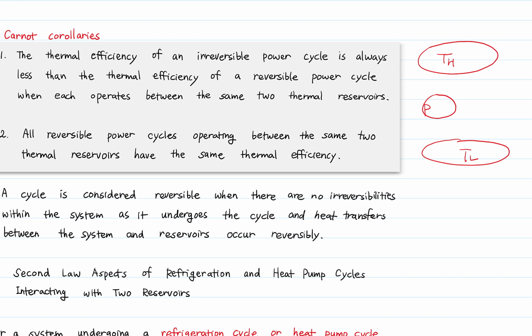This is a reversible power cycle. Heat flows from the higher temperature reservoir and it produces work, and the remaining heat will be rejected to the low temperature reservoir.